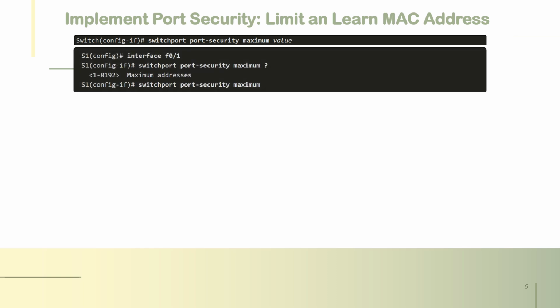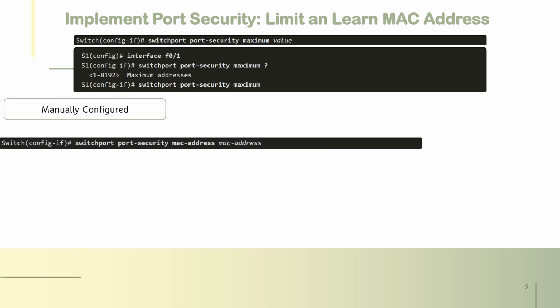The switch can be configured to learn about MAC addresses on a secured port in 3 ways. The first one is manually configured, where the administrator manually configures a static MAC address by using the following command for each secure MAC address on the port: switchport port-security mac-address followed by the MAC address.